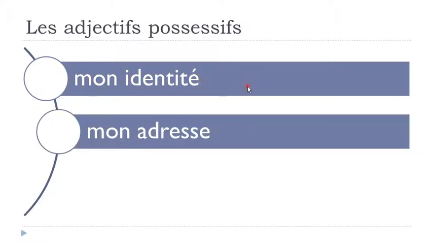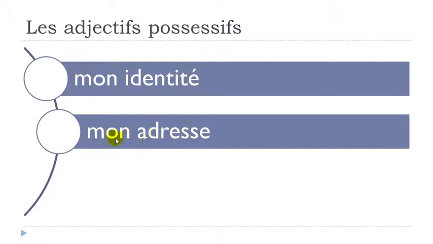Okay, another example, adresse. Same thing here, adresse is a feminine word, but it starts with a. Same thing, you will have to use adjectif possessif masculin. Mon adresse, my address, mon adresse. You can hear now this little link, so you've got to pronounce this n.